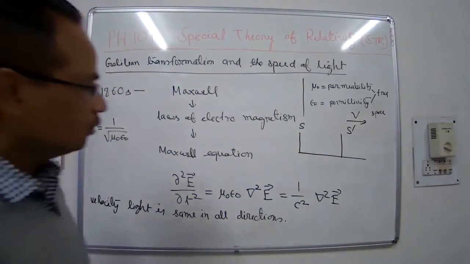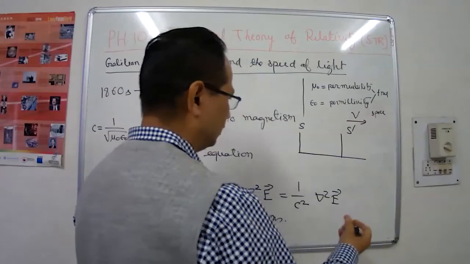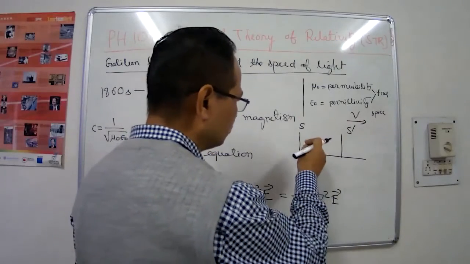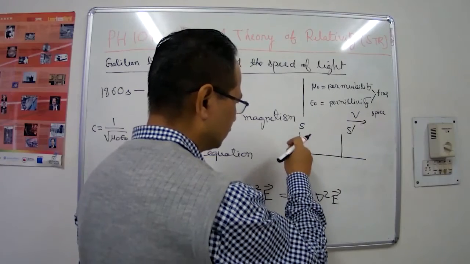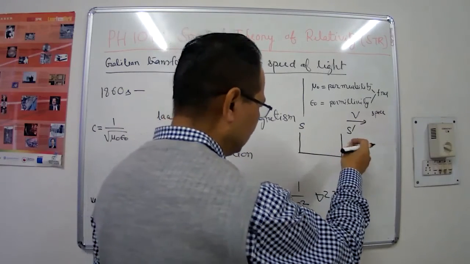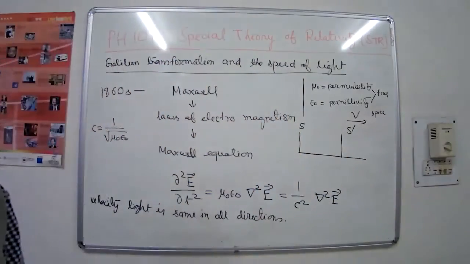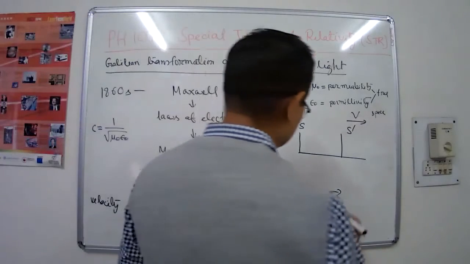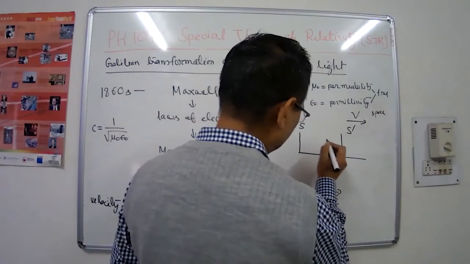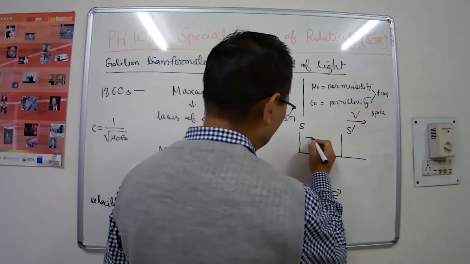According to the velocity addition formula, if something is moving with velocity v in frame S, the same thing will be seen moving with velocity v prime, and the two velocities are not the same. Now consider that a beam of light is traveling from left to right.